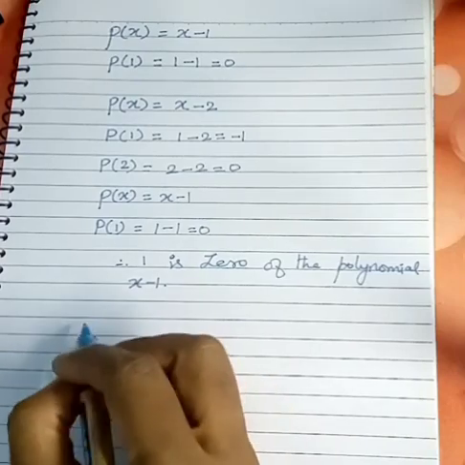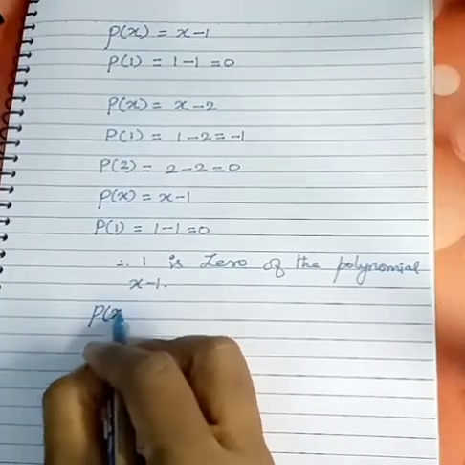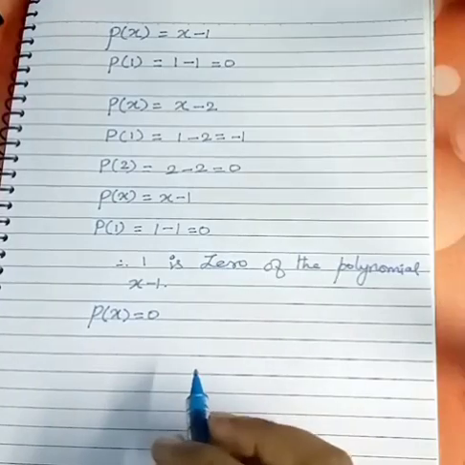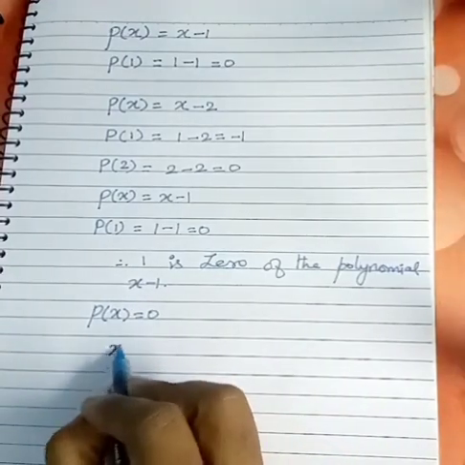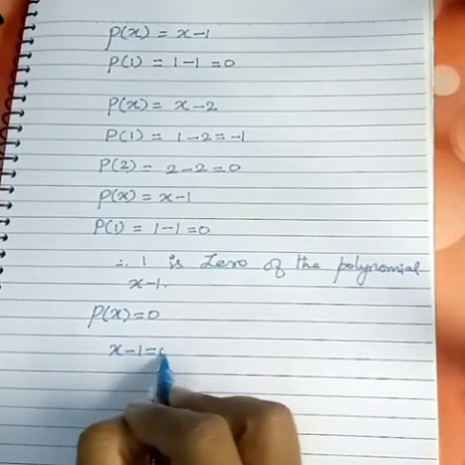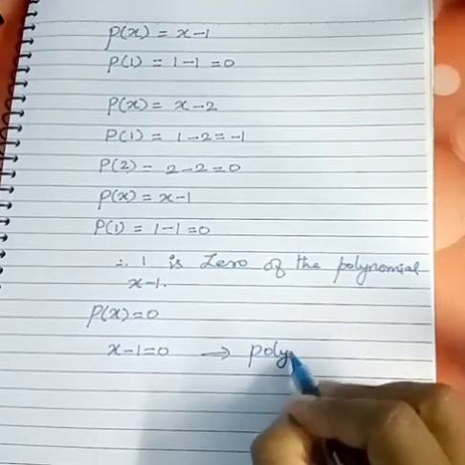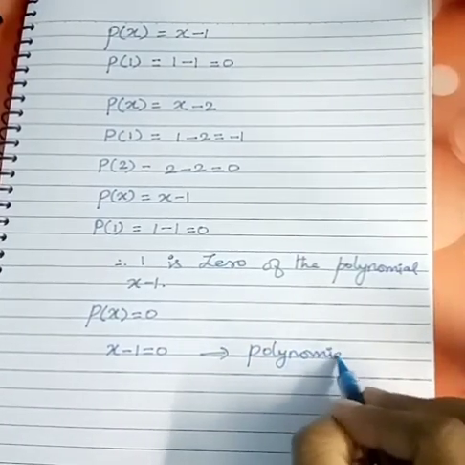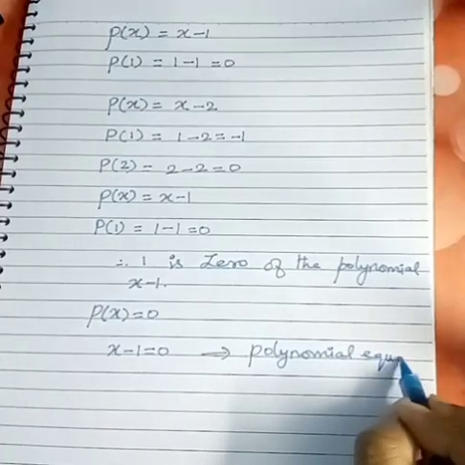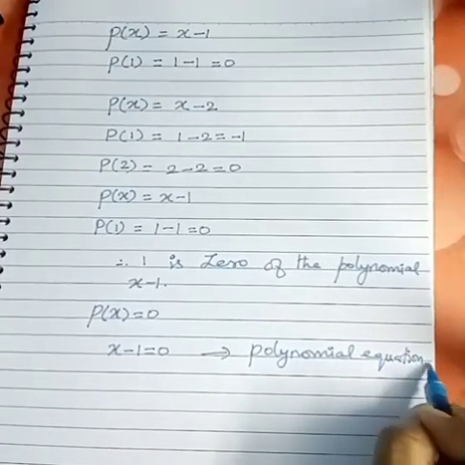Now suppose we equate this p of x to 0. What do we get? We get x minus 1 is equal to 0. This is called a polynomial equation.